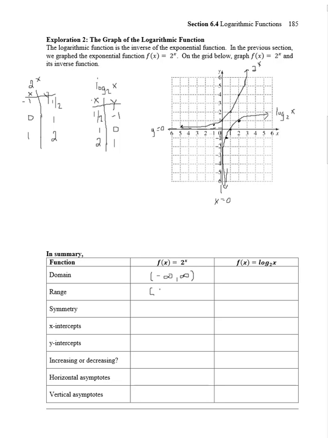And it has a range of 0 to infinity. Well, since we flip-flopped the x's and the y's for the log base 2 of x, that means the range of 2 to the x becomes the domain of log base 2, and vice versa. So the range becomes the domain, and the domain becomes the range.